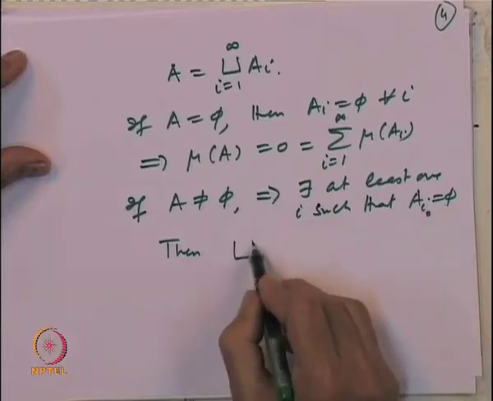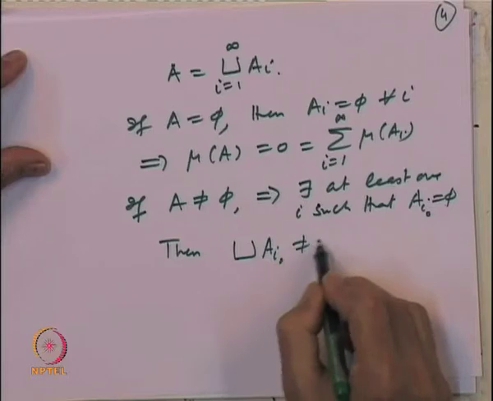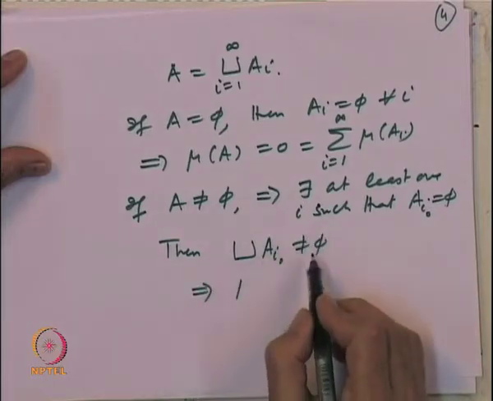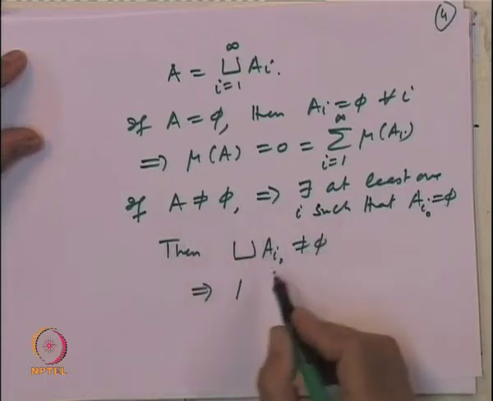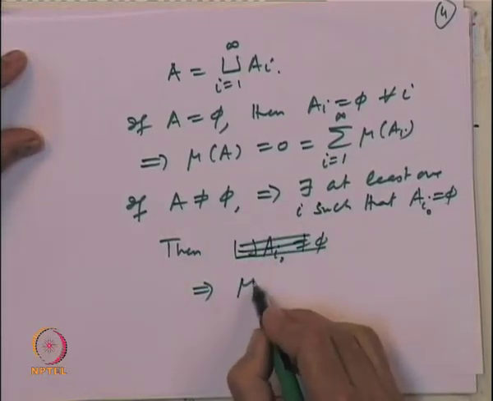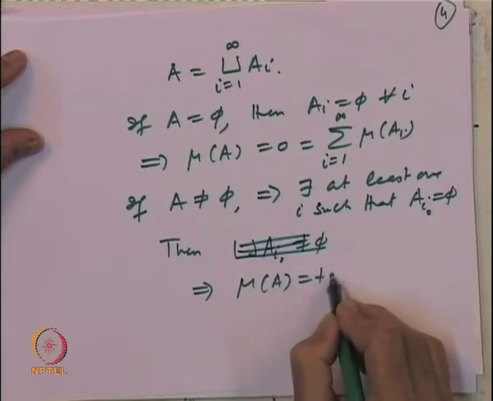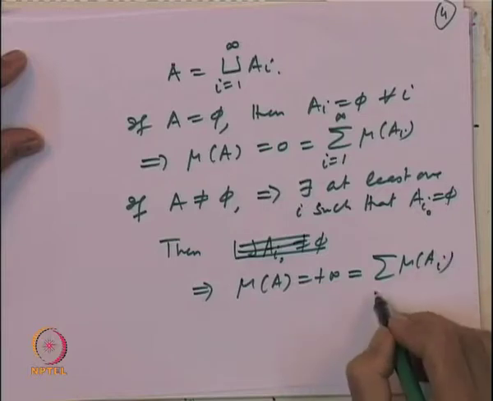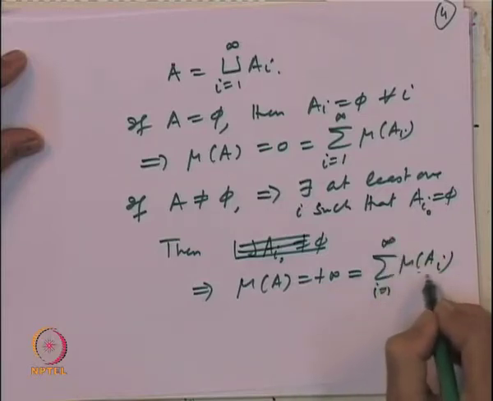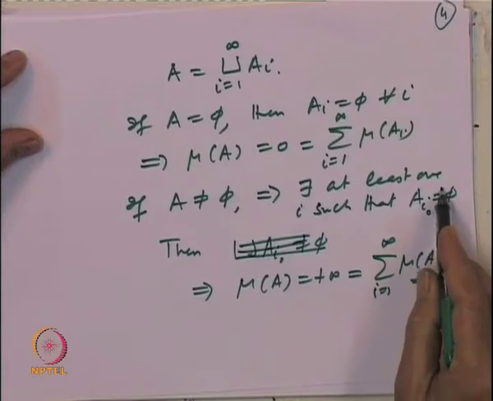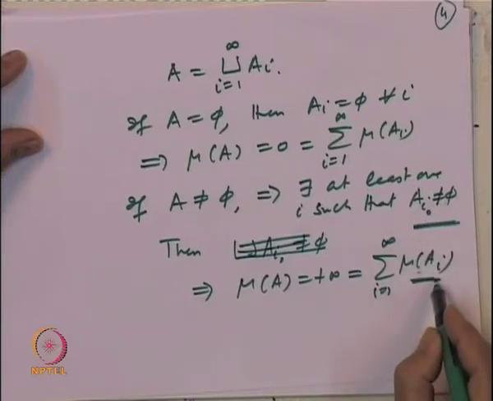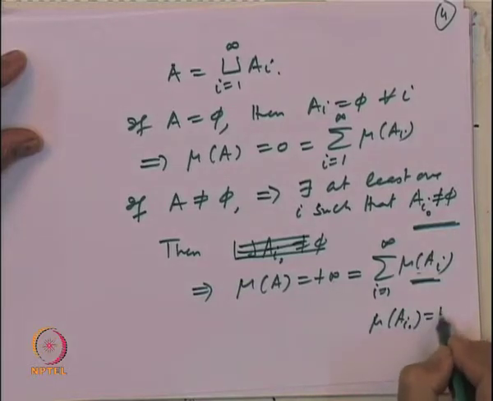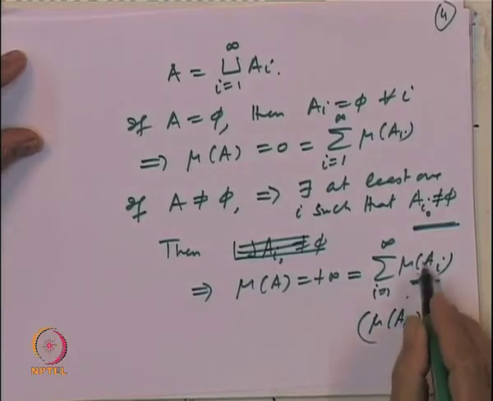Then the union is not empty. So, A is not empty anyway, so this is not required. Then mu of A is equal to plus infinity, which is equal to the summation of mu of A i's, because at least one term here is not empty. So, mu of A i naught is equal to plus infinity, and this is also plus infinity.